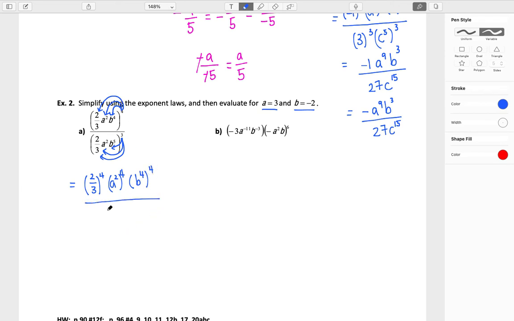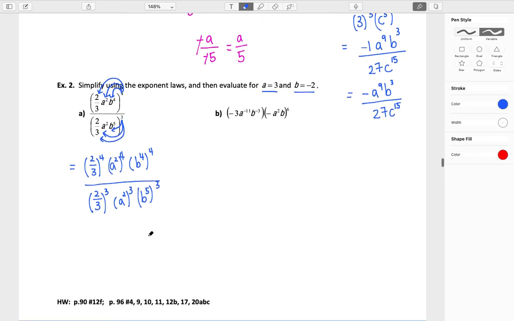I applied the exponent law by multiplying. And then at the bottom, we have 2/3 to the 3, a squared to the 3, b to the 5 to the 3. I'm going to simplify, so I'm not going to expand yet.